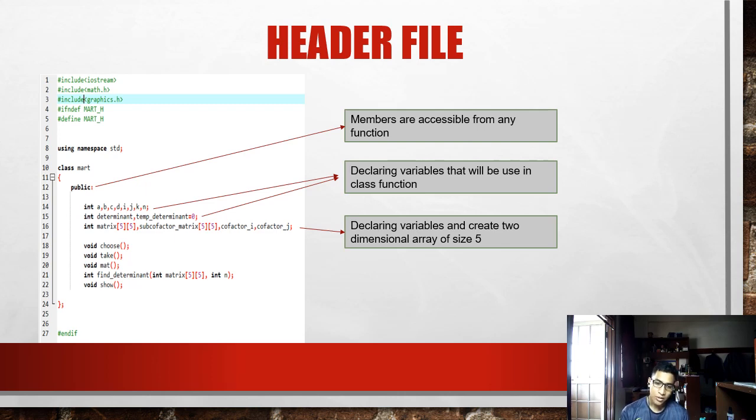Then I declare an integer two-dimensional array named matrix of size 5, and another two-dimensional array of size 5 times 5 named subcofactor matrix. And then I declare cofactor I and cofactor J.